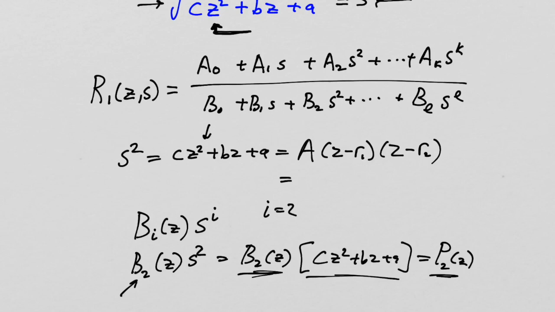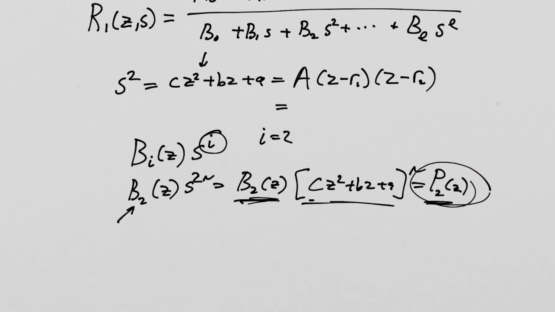And that will always be true for any even power of i, right? If I put in 2n up here, I would basically get this raised to the nth power, which is still just another polynomial. So every even term in the numerator and the denominator really goes away and just becomes a polynomial. But what happens for the odd terms?